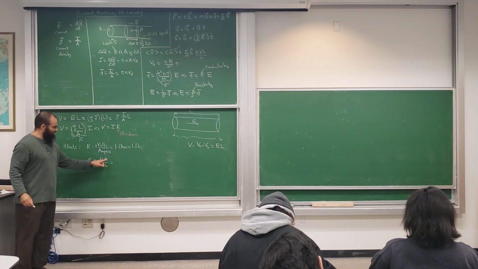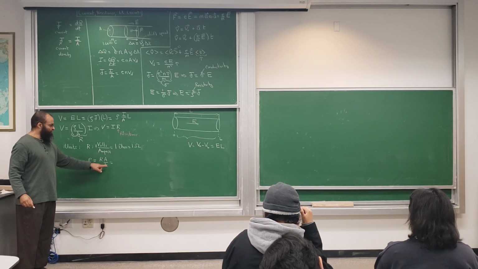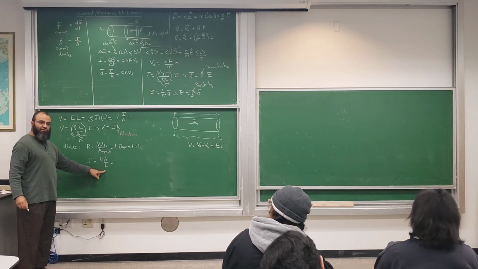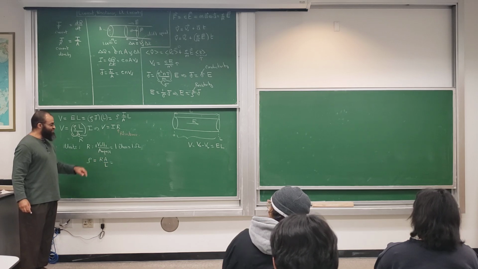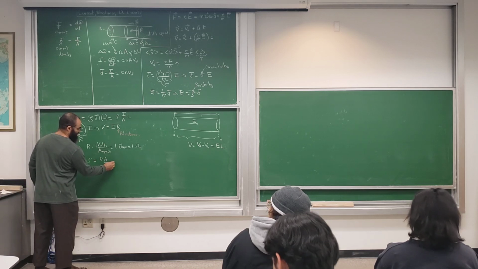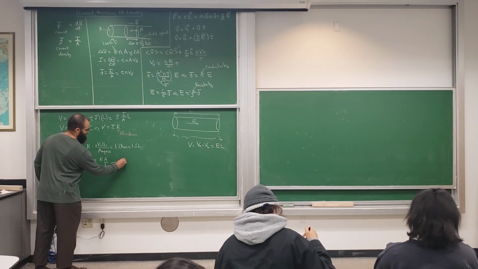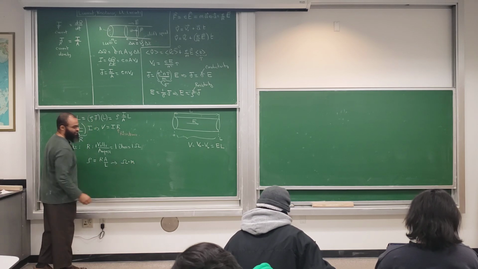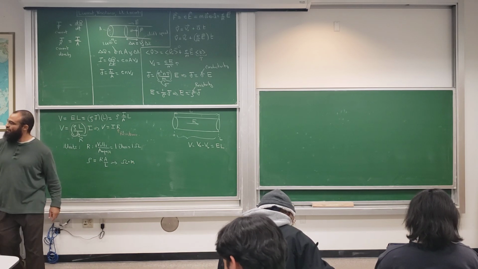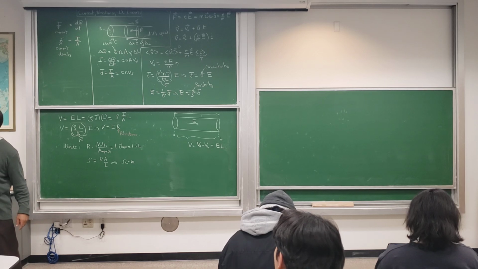Now, what are the units of A over L? Square meters over meters is meters. And R is in ohms, so the units are going to be ohms times meters, which is what I have on the board for resistivity.